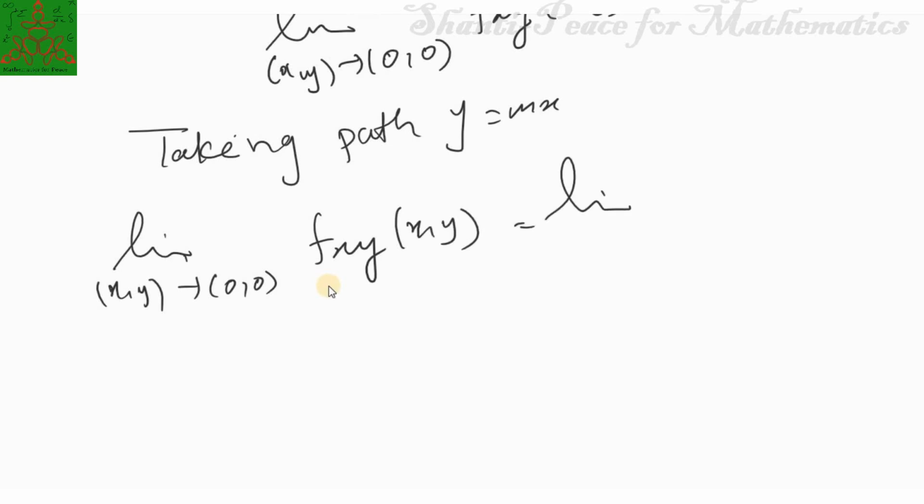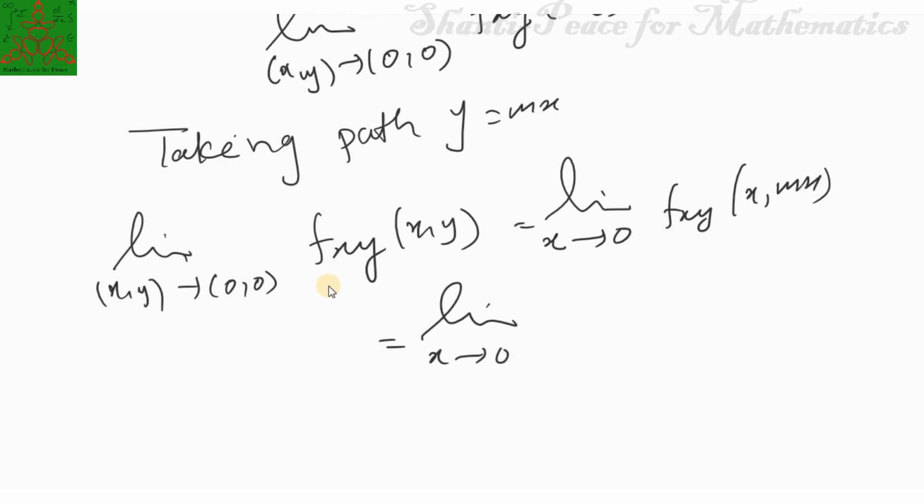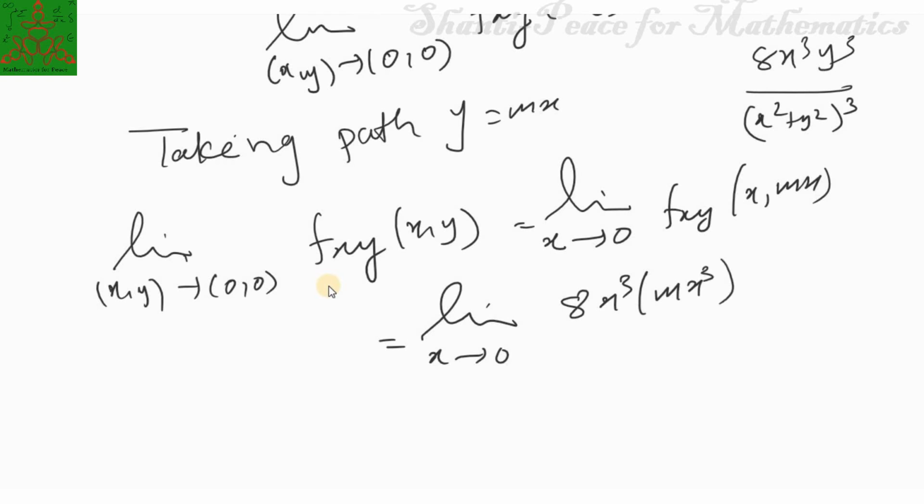That will be the limit as x tends to 0 of fxy(x, mx). You can have the function 8x cube y cube upon x square plus y square whole cube, so it is 8x cube m cube x cube upon x square plus m square x square whole cube.